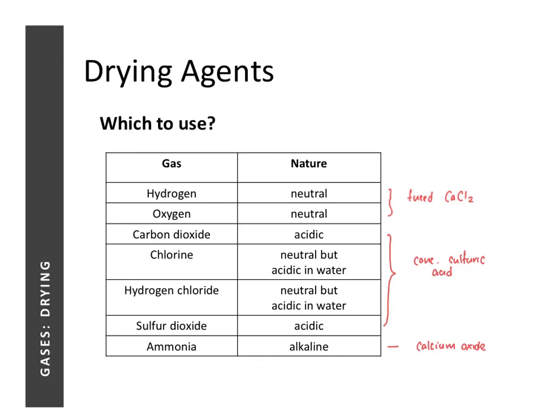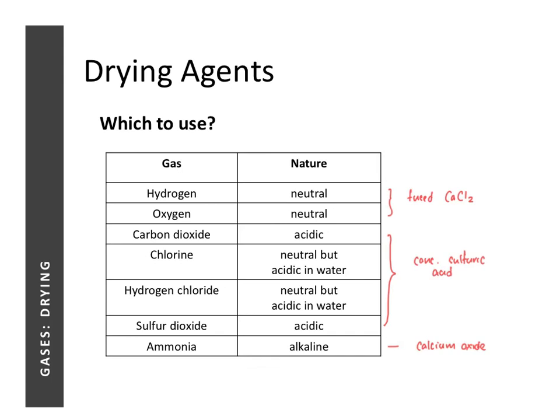Before I say something slightly confusing, I just want to reiterate the rule of thumb: acidic drying agent for acidic gases, basic drying agents for basic gases, neutral drying agents for neutral gases. The slightly confusing thing that I'm going to say is this: actually whatever I've just said is just a recommendation.